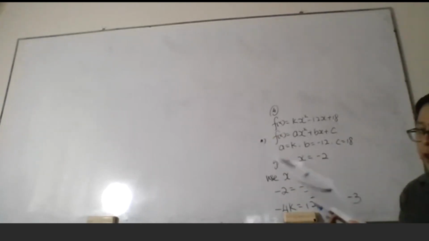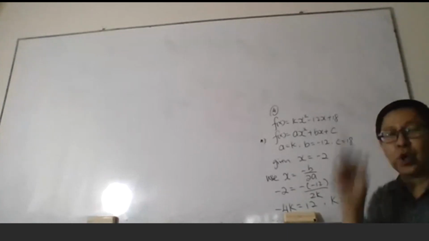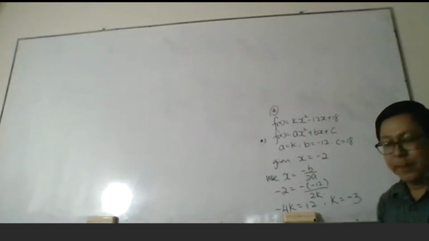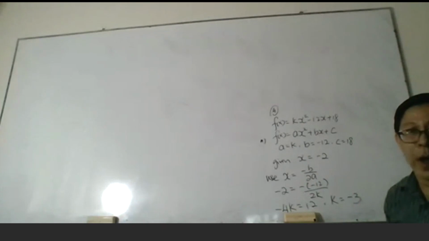In order to find the maximum value, note it's not the coordinate. A coordinate must be in coordinate form, x and y together. But to find the maximum value, that's the value of y.